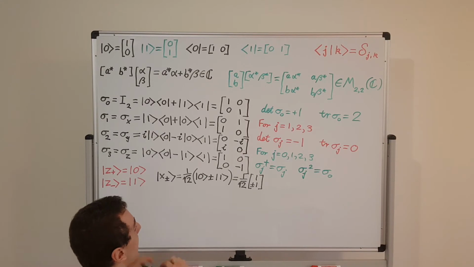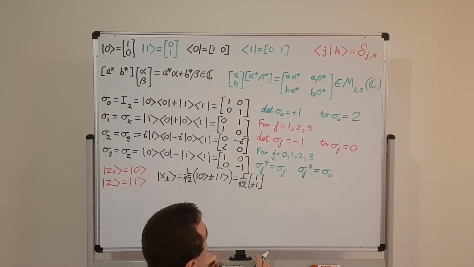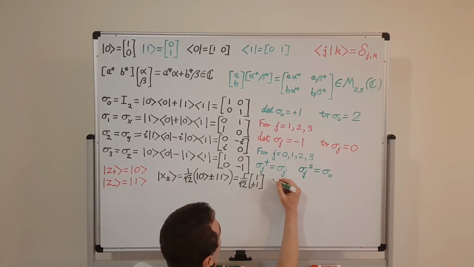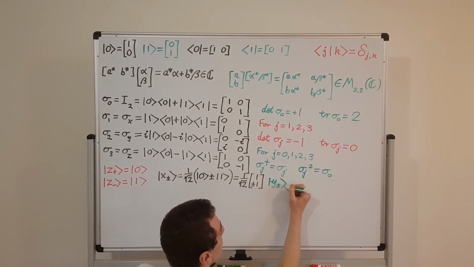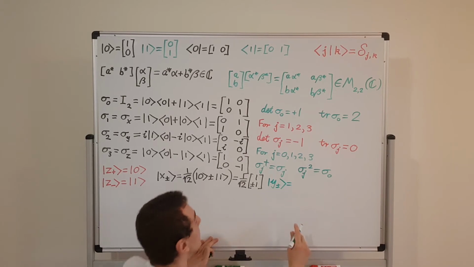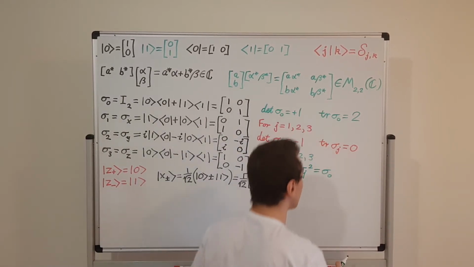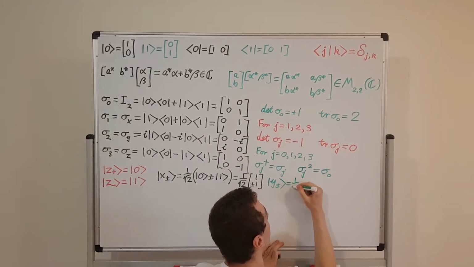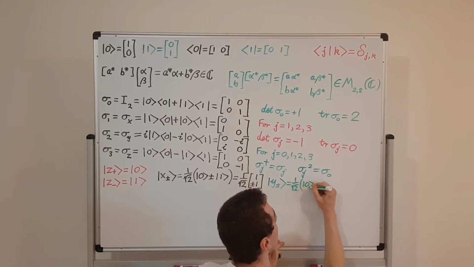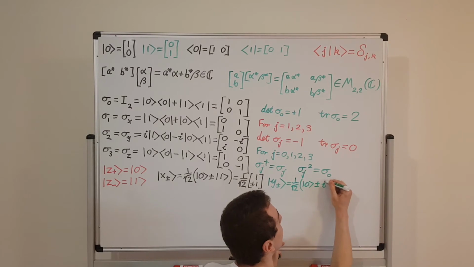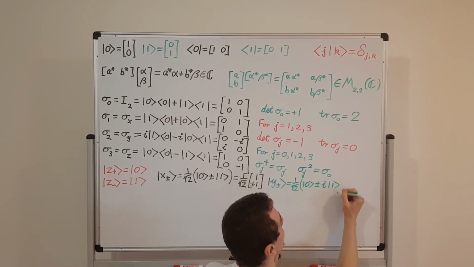Now let's write down the eigenbasis for the Pauli y operator, and I'll do that over here. The Pauli y eigenvectors, which I'll write as y plus or minus in a ket, are a linear combination with a normalization coefficient of 1 over square root of 2. It's a linear combination of the 0 vector plus or minus i times the 1 vector.